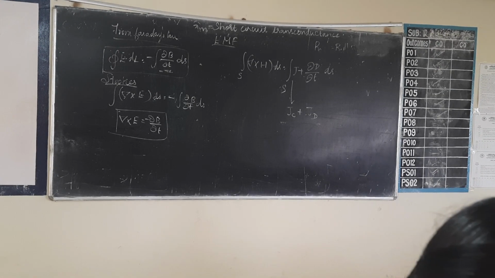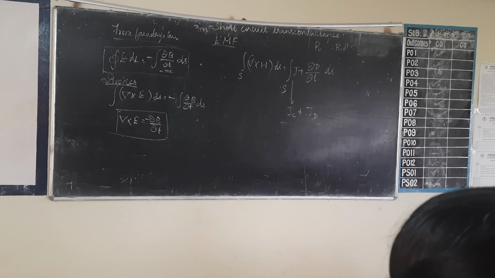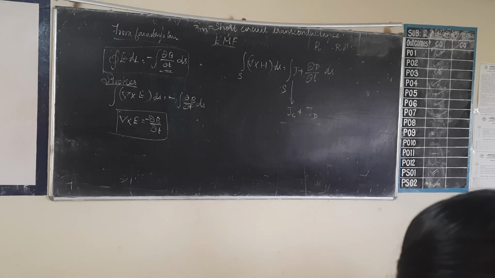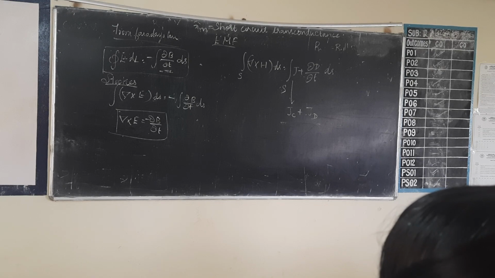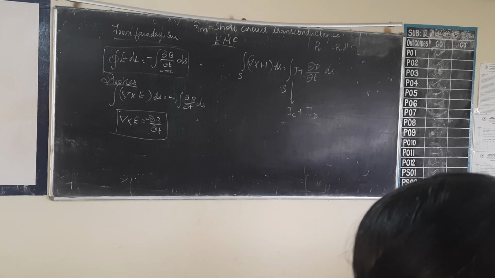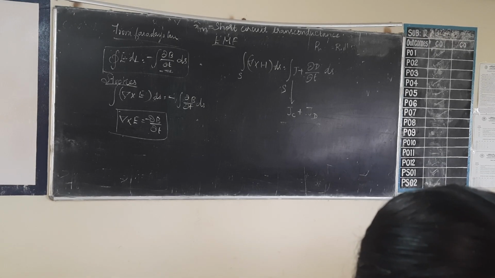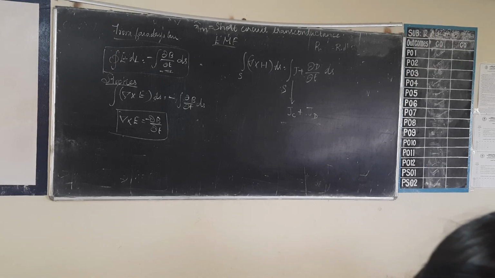The same expression will be given here. Finally we have del dot D is equal to rho v. Here also, for time varying, the same relation: del dot D is equal to rho v. That is the point form or differential form. Maxwell's equation from Gauss law we have derived, and the same expression will come here: del dot D is equal to rho v for time varying field also. The next one.